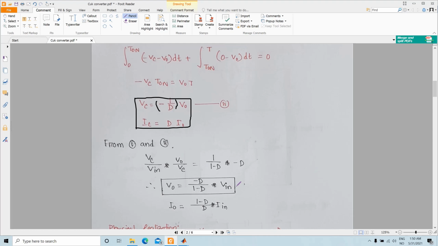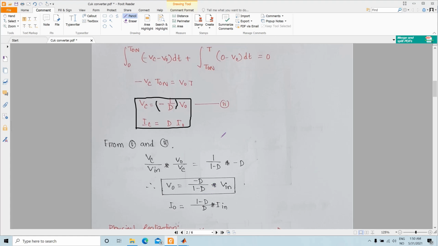So this is our gain equation. V out divided by V in is the voltage gain, which is minus d divided by 1 minus d. This is the same multiplying factor that you have seen in the Buck-Boost converter.